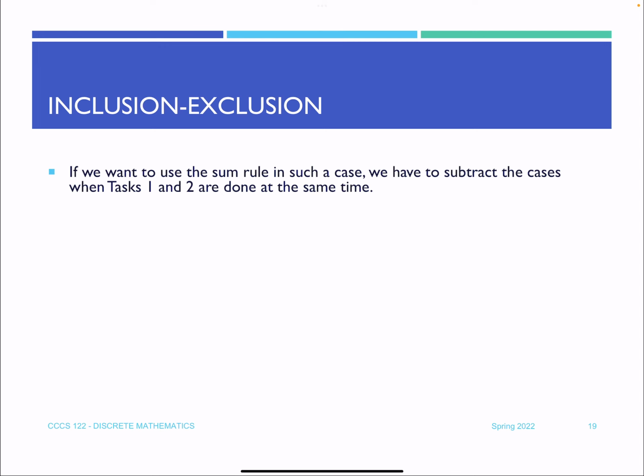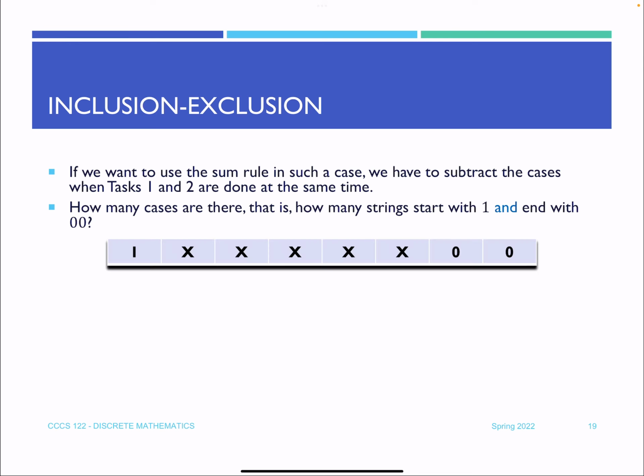If we want to use the sum rule in such a case, we have to subtract the cases where task 1 and task 2 are done at the same time. So how many cases are there? How many strings start with 1 and end with 0, 0?